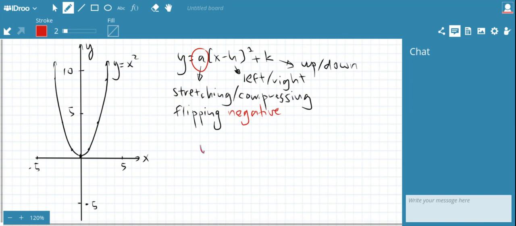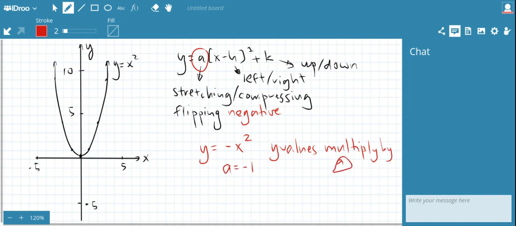Okay, so for example, y equals negative x squared. What I'm going to do is take all the original y values and multiply them by a. In this case, a is equal to negative 1.